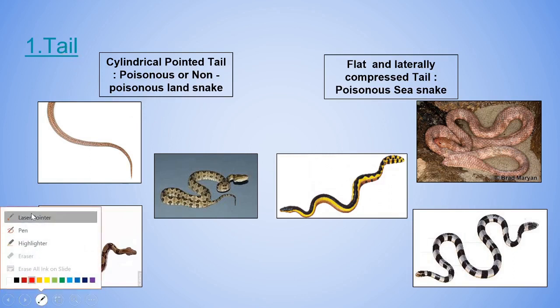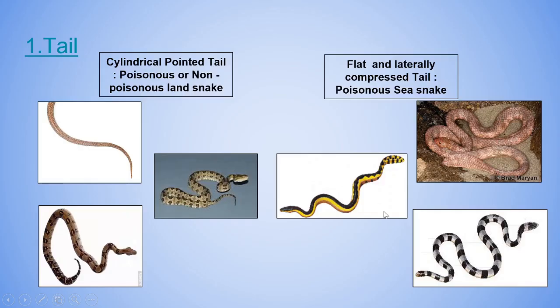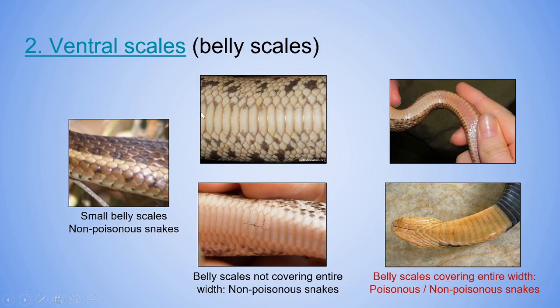We checked the tail, and next we are going to look at the ventrals. Coming to the ventral scales, or the scales of the belly, we said that if the belly scales are smaller, like the normal scales of the body, it is a feature of a non-poisonous snake.